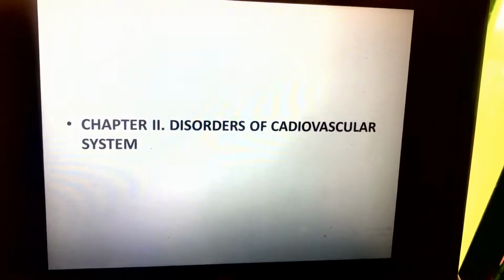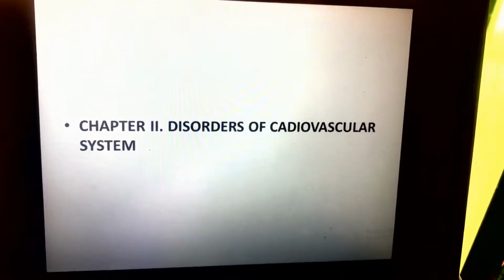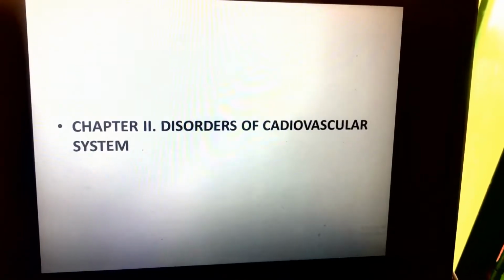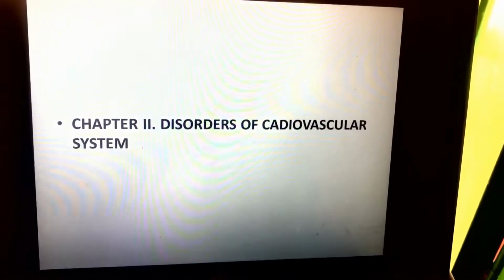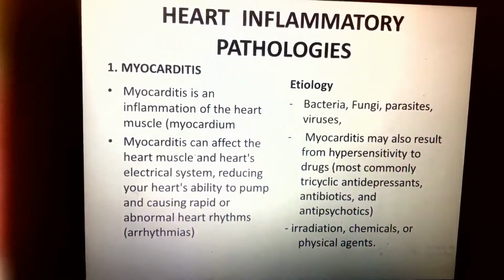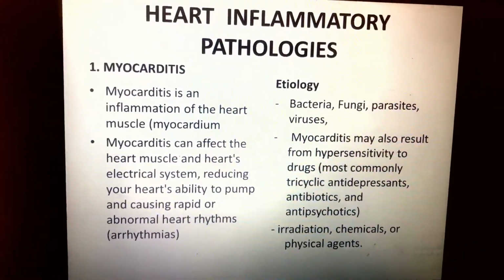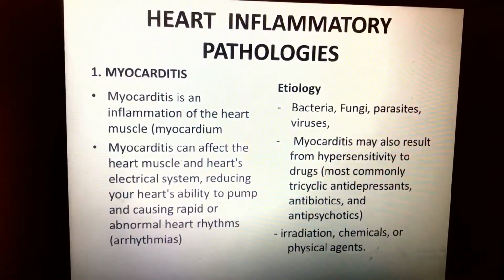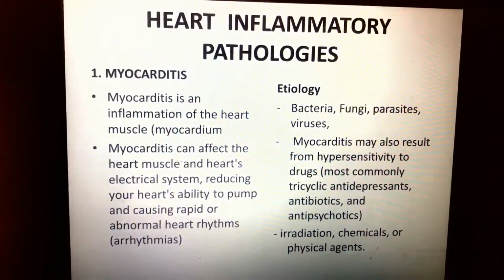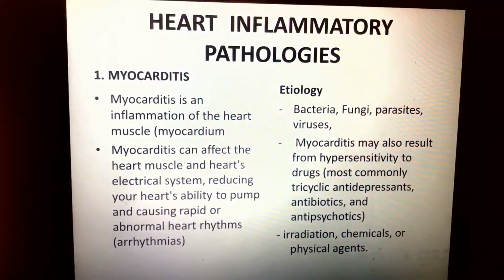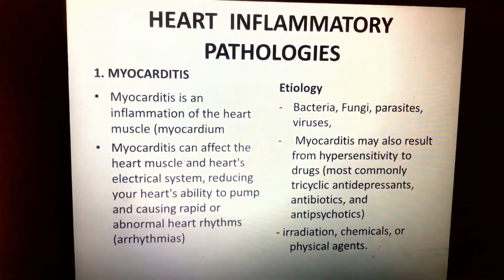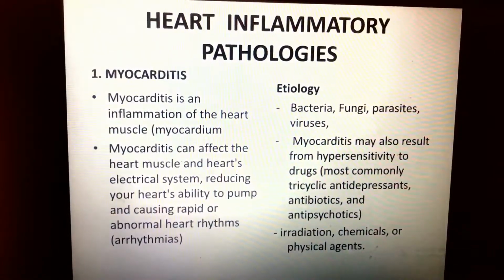Okay, let's see the disorders of the cardiovascular system. Firstly, let's see heart inflammatory pathologies. When we say inflammatory pathologies, we understand it may be irritation or infections.